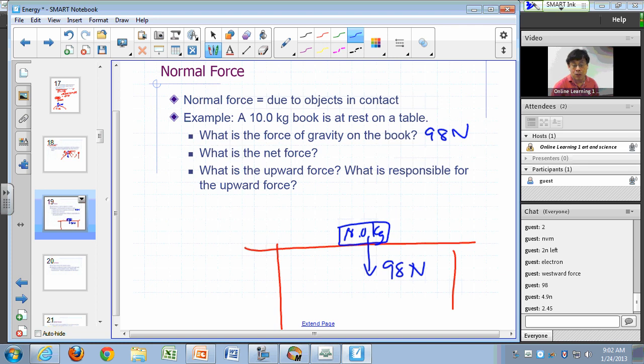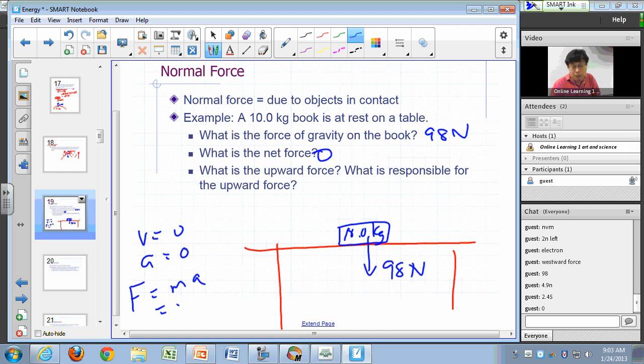What's the net force on the book? Well, the book's not moving, right? So velocity is 0. Acceleration is 0. Velocity is not changing. So what's the force on the book? Mass times acceleration, 0. Book's not moving.